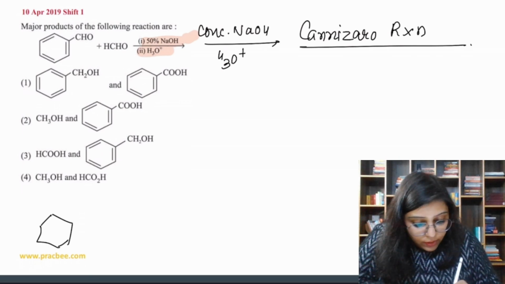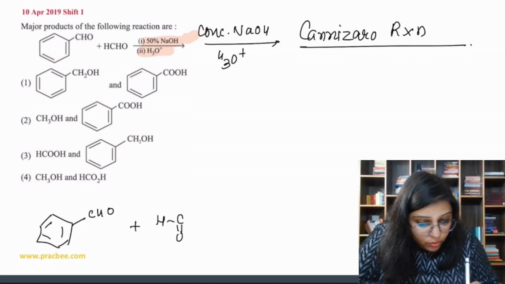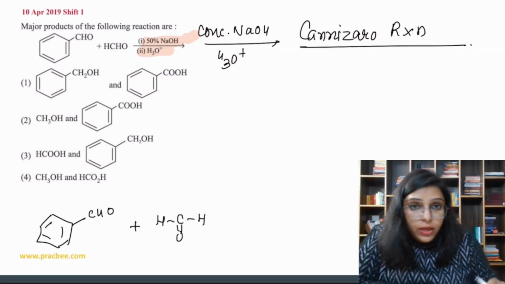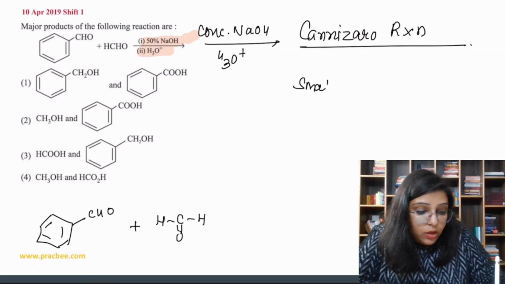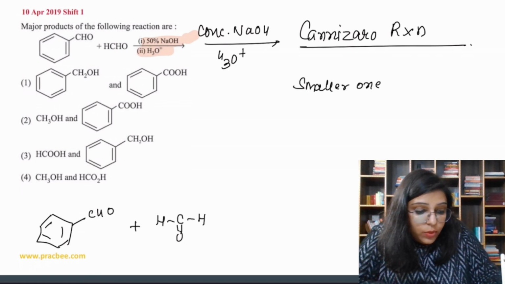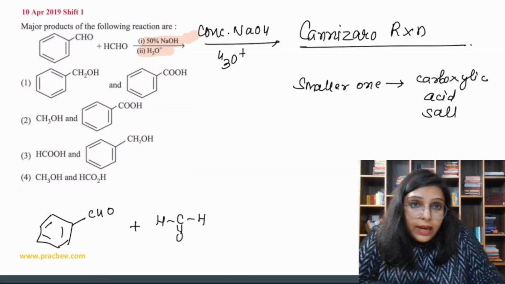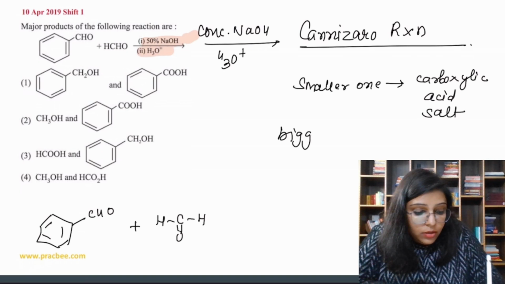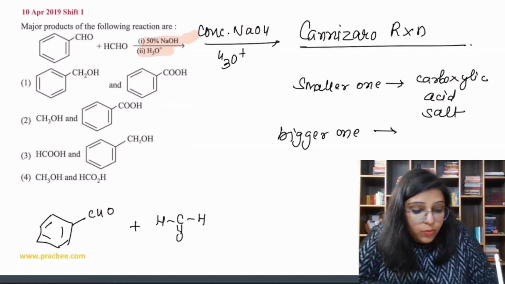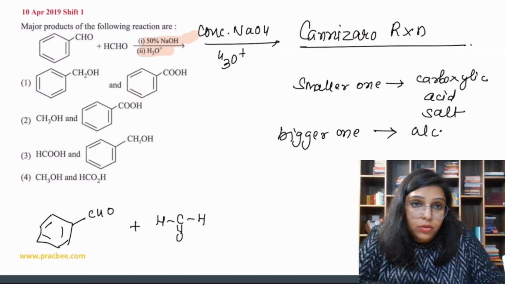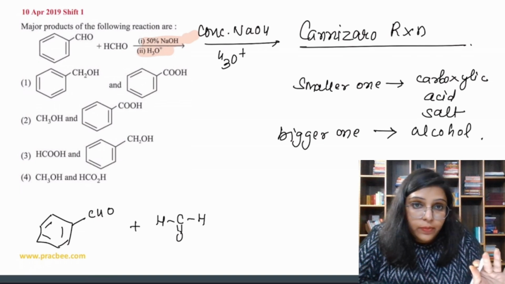We have this CHO and we have HC double bond O. In this Cannizzaro, the smaller one is converted to carboxylic acid salt, and the bigger one is converted to alcohol. That's a trick.